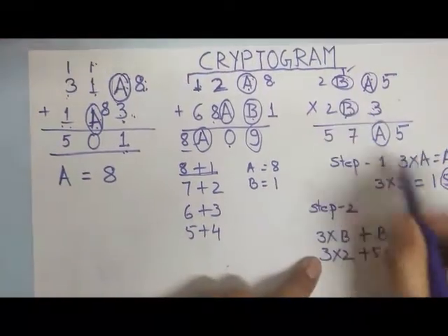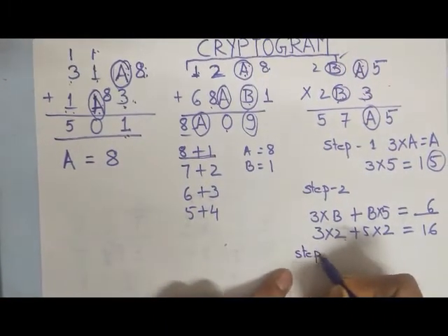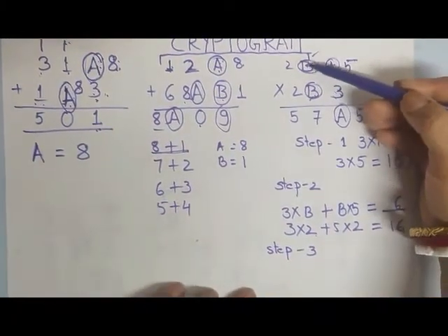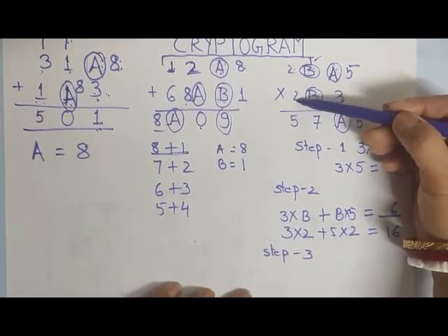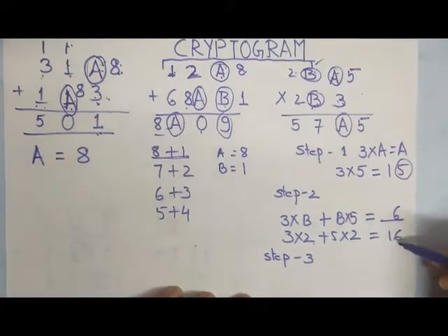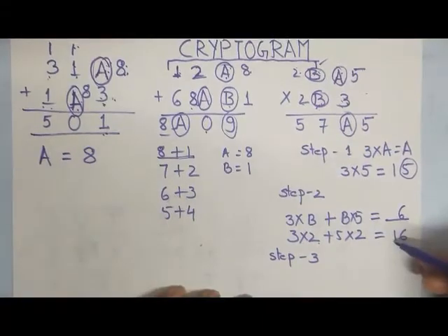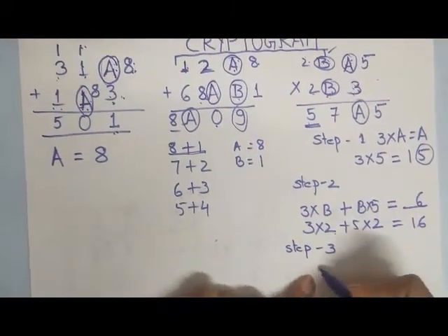Now let us solve the third step. The third step is when we have considered B as 2. So 2 twos are 4, and the carry from here is 1, as we got 16. So 2 twos are 4 plus 1 is 5, and here our process ends.